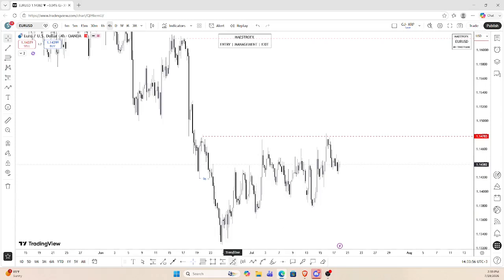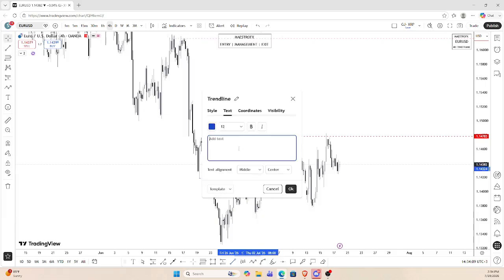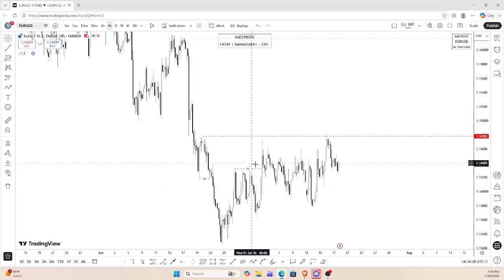And if we look carefully, we can see that we had this break of structure, and I think when we head to the 1 hour time frame, we are going to see this much clearer. Yes, this was the first trend change or shift of the lower time frame trend.